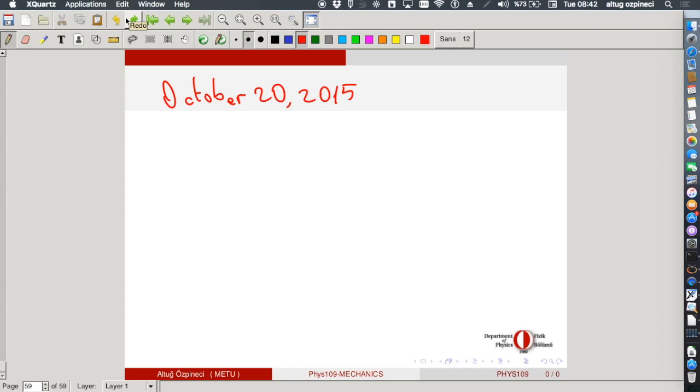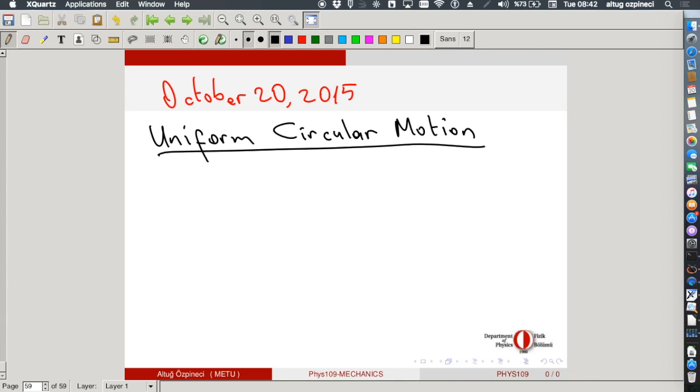Okay, so let's start with uniform circular motion. Let's review it. First, let's define what we mean by uniform circular motion.